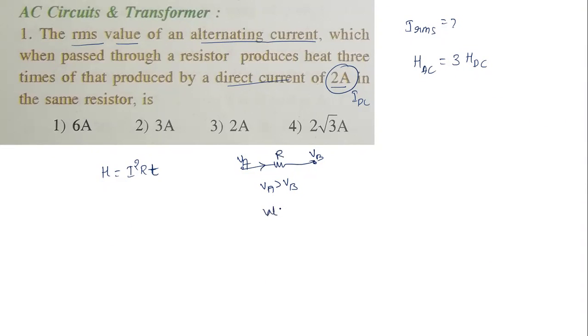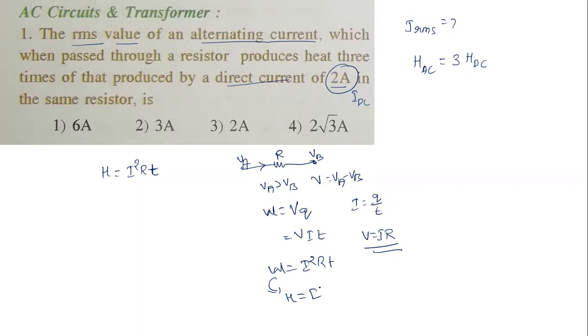And the work done is given by the potential difference between these 2 points, let's say V equal to V A minus V B, multiplied by the charge Q which is flowing. So this V Q, where Q is I into T, and I is given by Q by T, right? From current electricity. Now we write this as I square R times T, because V equal to I into R. So this is the work done. The work done will be stored in the form of electrical energy, so we take heat, that is I square R T.